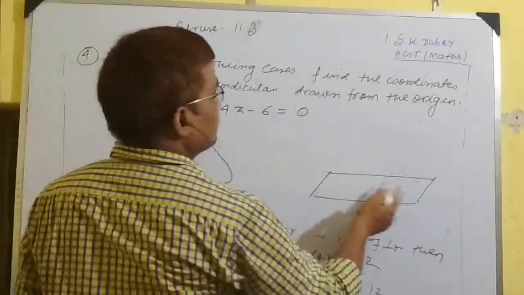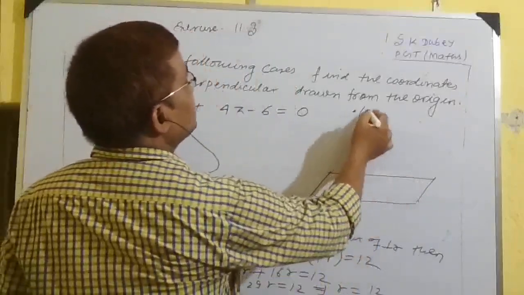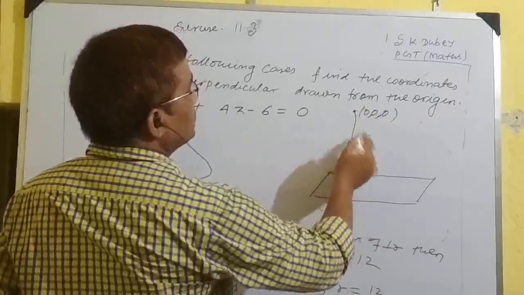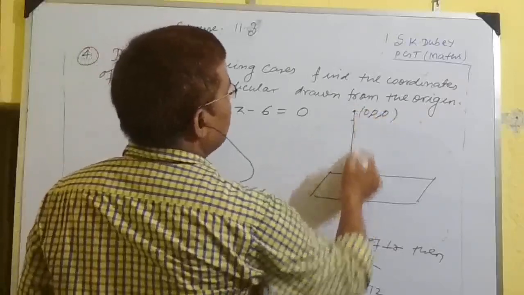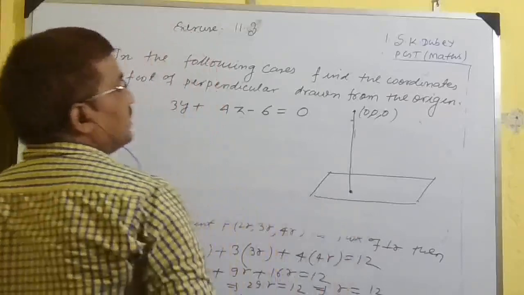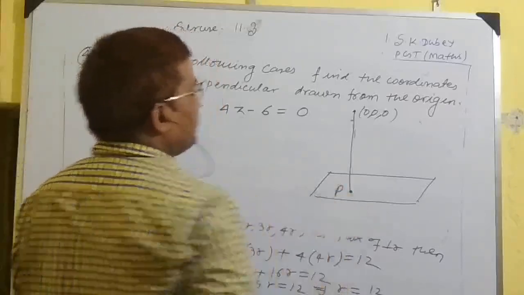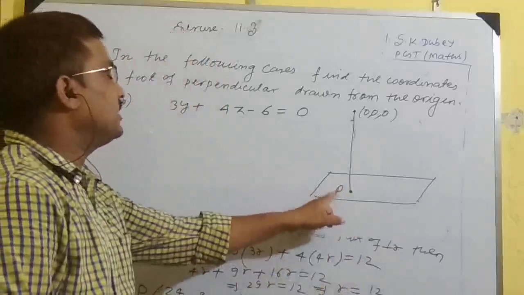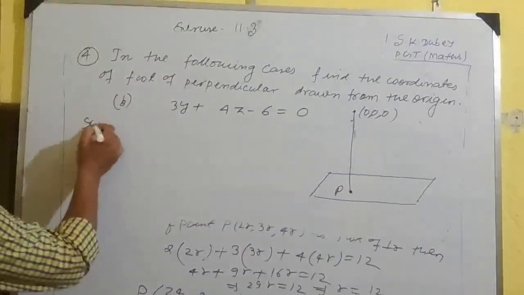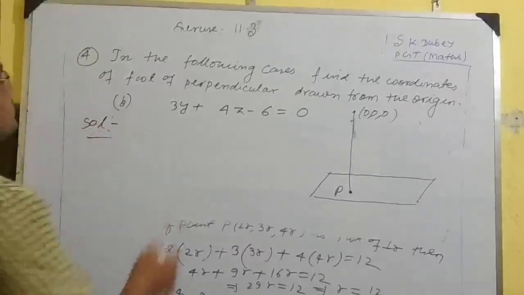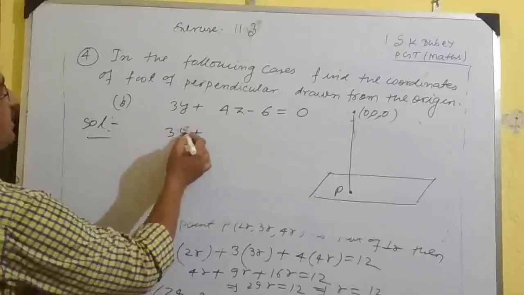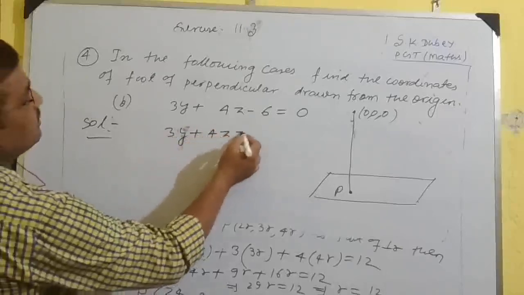This is the plane, here is the origin, and a perpendicular is drawn from origin to the plane. If this perpendicular meets the plane at P, we have to find the coordinate of P. P is known as the foot of perpendicular. Now, the equation of the plane is 3y plus 4z is equal to 6.